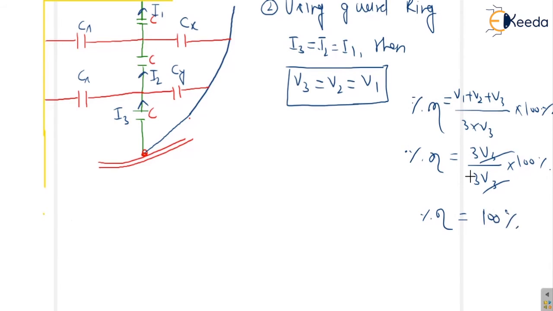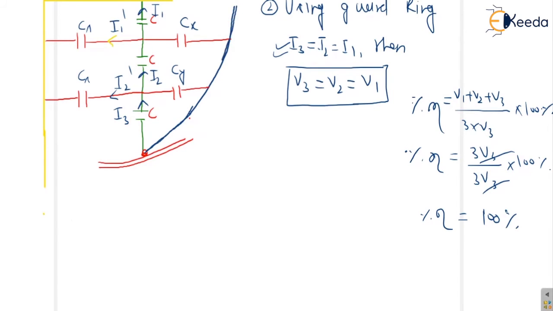But I1 equal to I2 equal to I3 will happen only when we are very careful. Here this point is I1 dash and this current is I2 dash. So let us use one guard ring. See this blue pen, this is the guard ring.